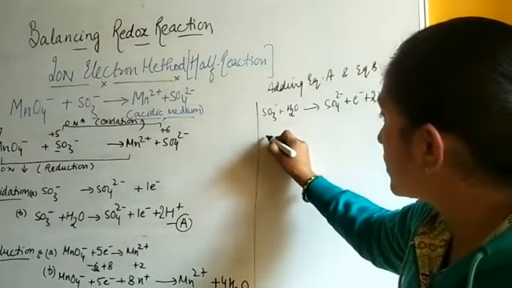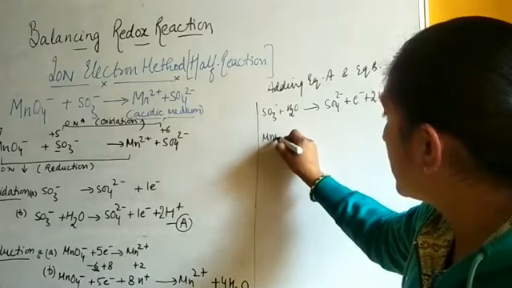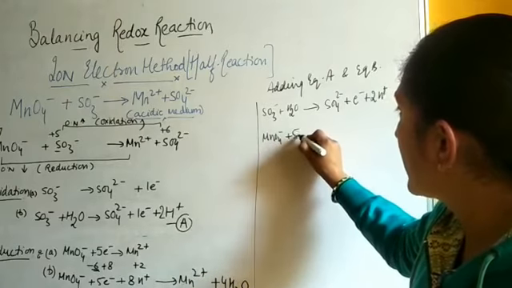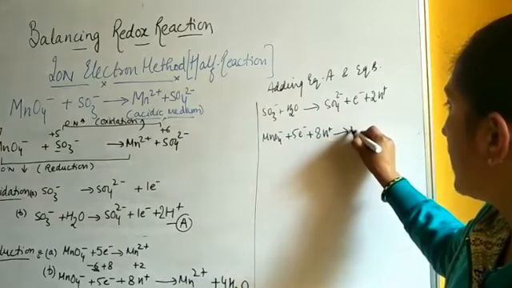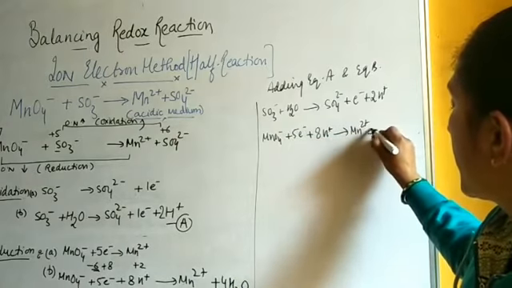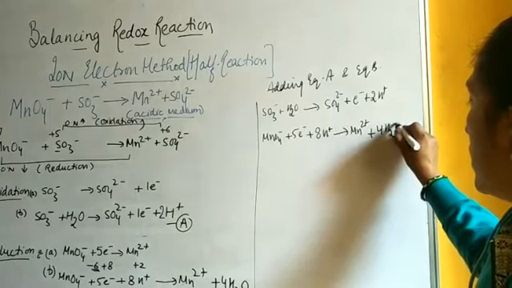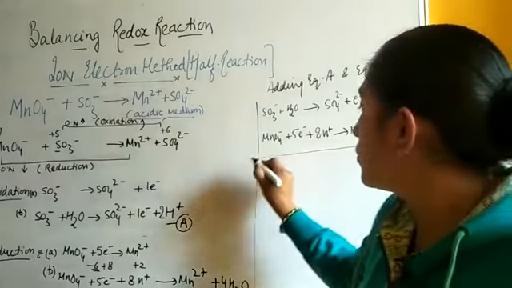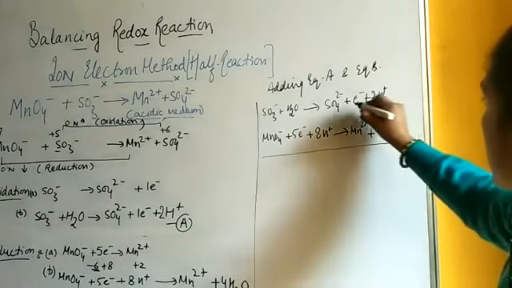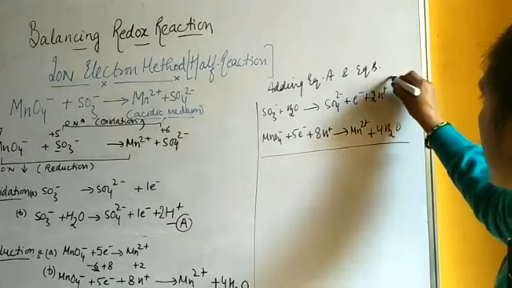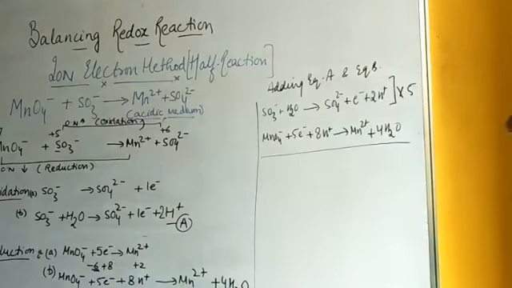And the next equation is MnO4 negative plus 5 electrons plus 8H positive giving Mn2 positive plus 4H2O. Before adding, students, you know that these two equations should get electrons cancelled out, right? Here we have 5 electrons, this is single, so this complete equation will be multiplied by 5.